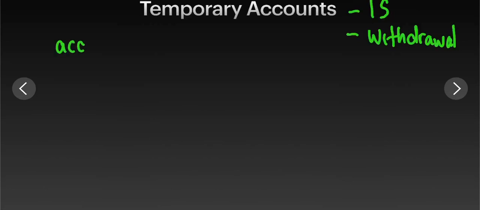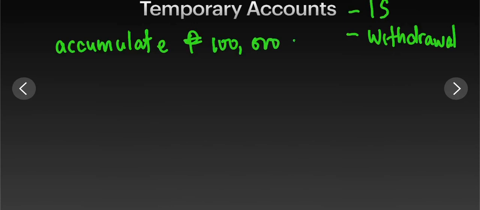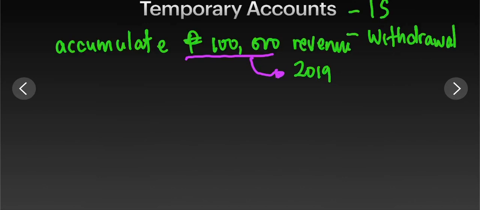Meaning, if you, for example, accumulate 100,000 of revenue for 2019, the said 100,000 is specifically related to 2019.